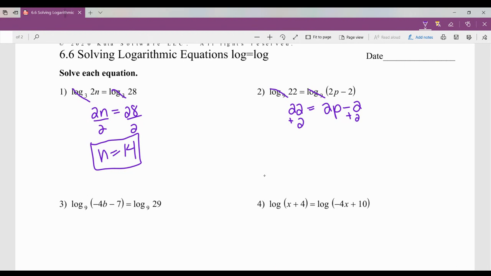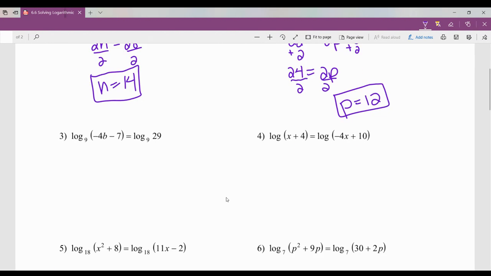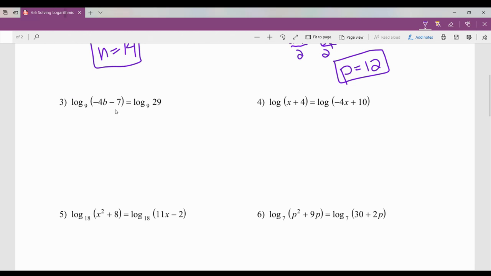So we get 24 is equal to 2p, and then we divide by 2, so we get p is equal to 12. And then if I were to plug that back in, 2 times 12 is 24 minus 2, that's 22. So that works.